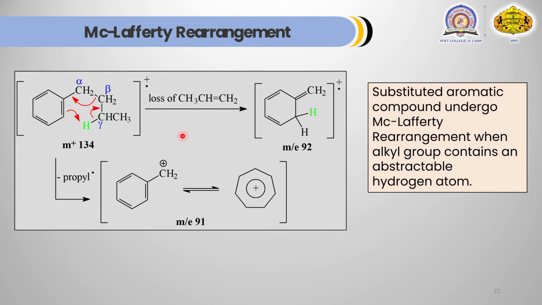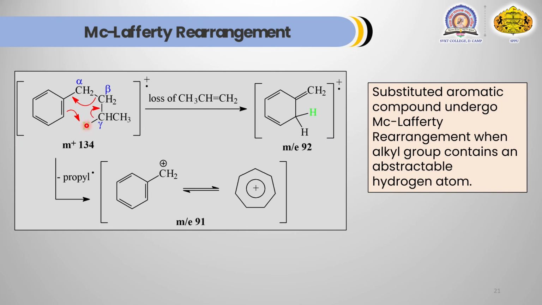This is another example of McLafferty rearrangement. In this case, there is a benzene ring, and to this benzene ring another side chain is attached. In this case also the McLafferty type of rearrangement is possible. This gamma hydrogen is abstracted at this place, and there is movement of electrons. Loss of CH3CH=CH2 as a neutral molecule produces this species as a cation radical, and its molecular weight is 92.